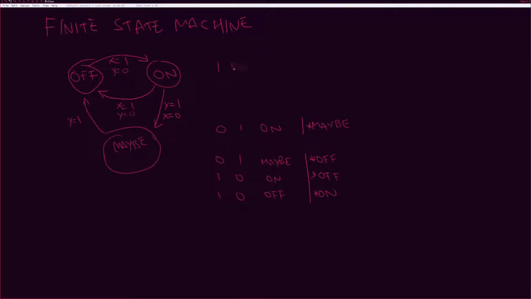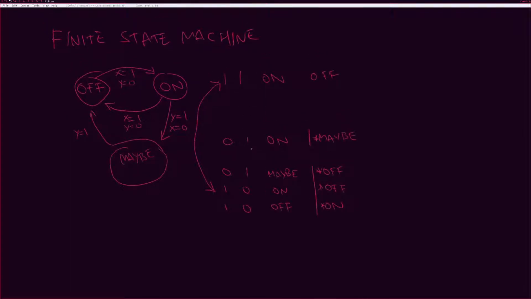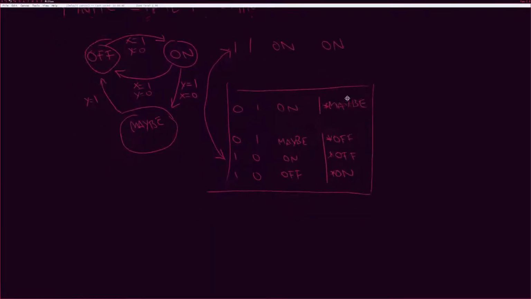X is 1, Y is 0, and we're currently on. So all we have to do is match this up. And then we know, hey, the next state. Right? But if this was like this, well, we can't find that state in this table. Therefore, the next state stays on.